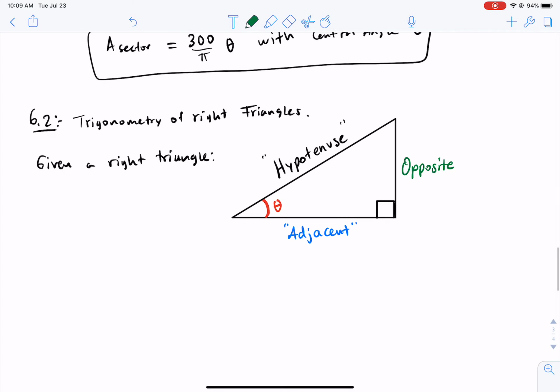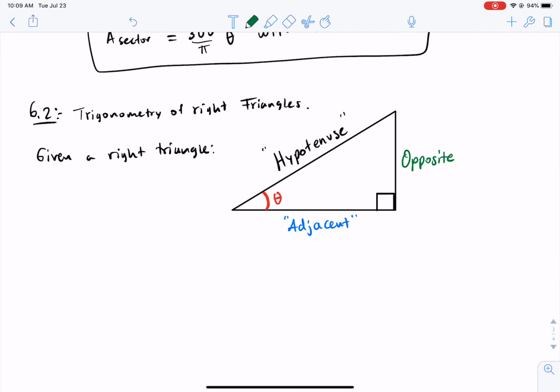And we are going to define 6 trigonometric identities. Later we're going to call them functions, and I will show you what they do in a second. So here, the first one will be sine. How do we define sine theta? The opposite over hypotenuse.